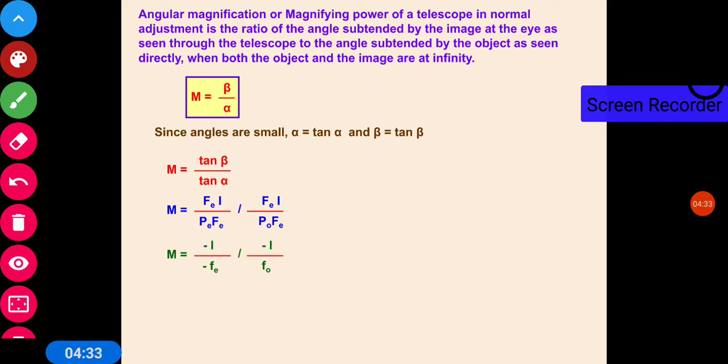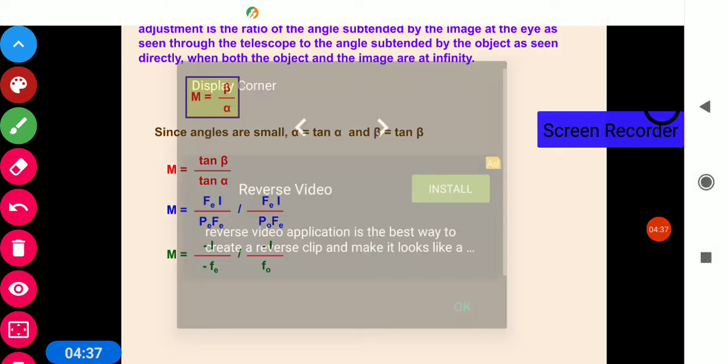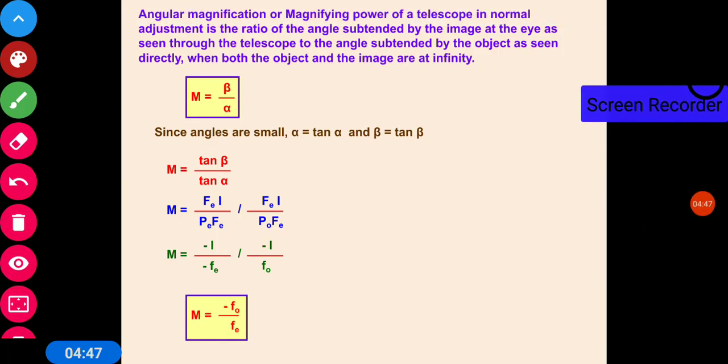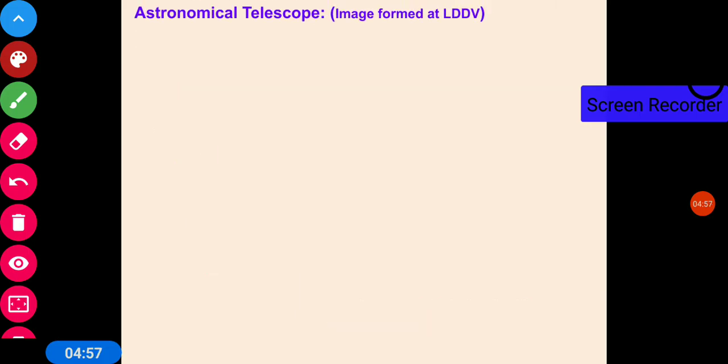These two F naught I terms are the same, so they will cancel out each other, and the result will be m is equal to minus FO upon FE. FO plus FE is L, that is equal to the length of the telescope in normal adjustment.